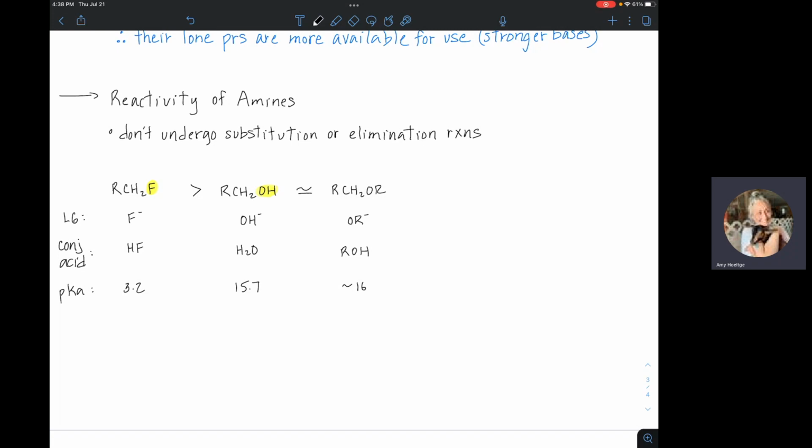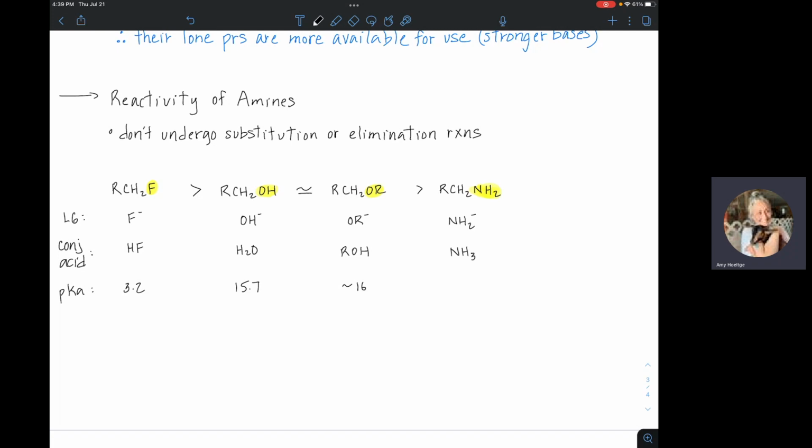And then we have amines. So again, highlighting the leaving group. The actual leaving group in this particular amine would be the amide anion, whose conjugate acid would be ammonia.